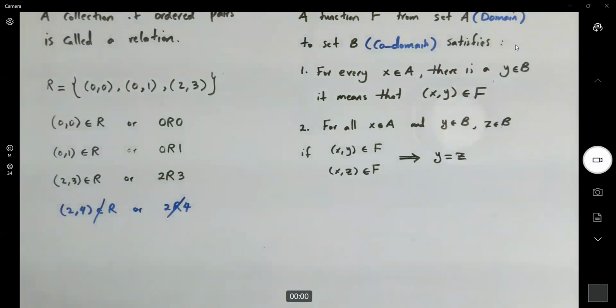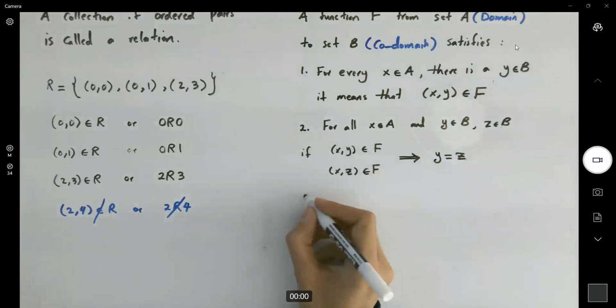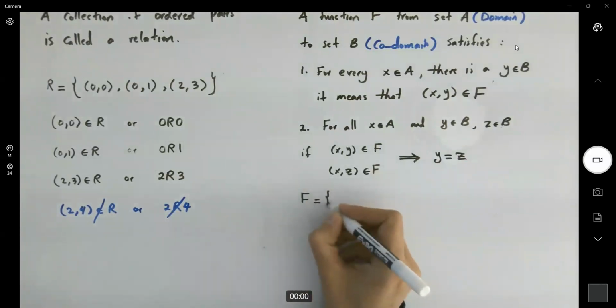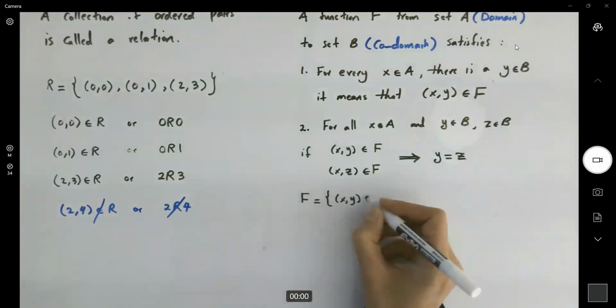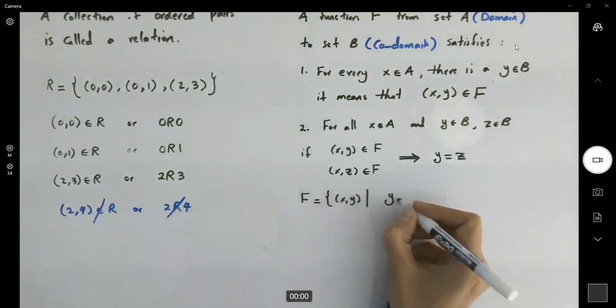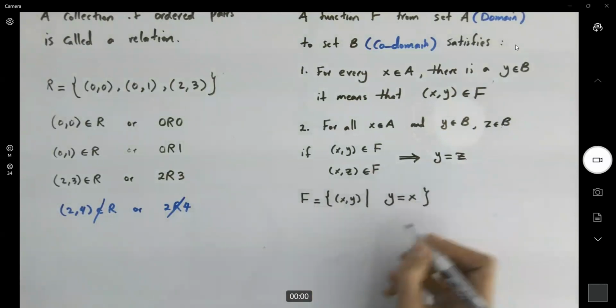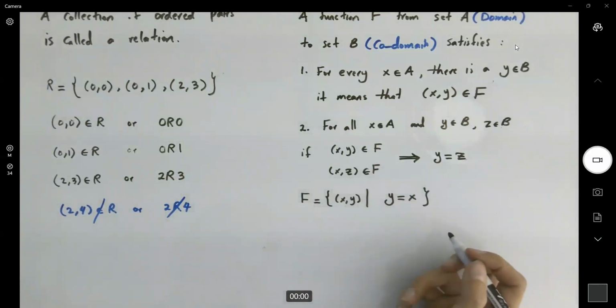There's another representation that you can use for a relation or for your function. For example, if you have a function f, which is defined as (x, y) such that y is equal to x, suppose you have an increasing line.